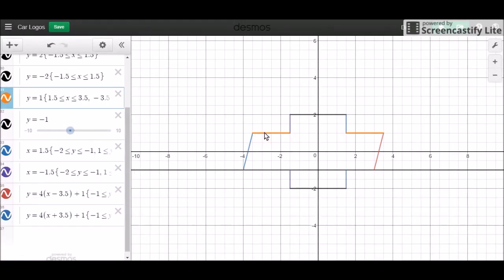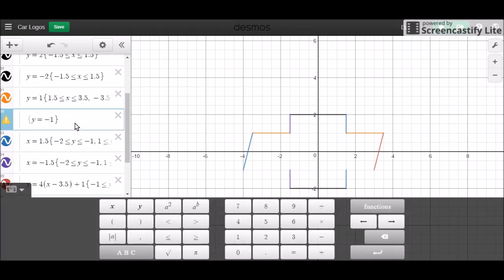I wonder if I should make this line a little shorter, because this looks a little off. Yeah, I want to make this shorter. But how much shorter? This goes from 1.5 to 3, so that distance is 1.5.